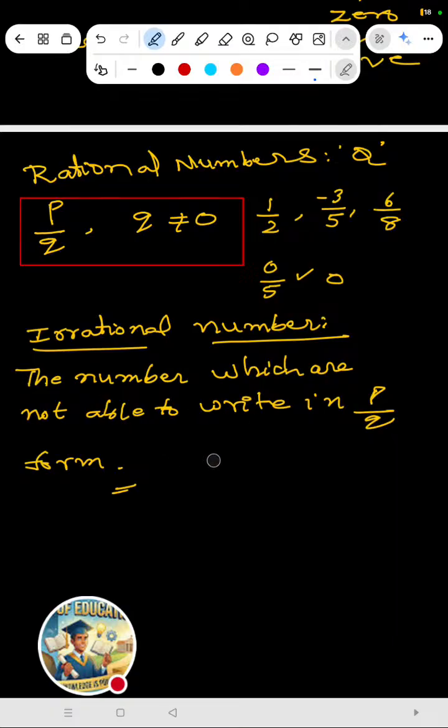For example, 0.1236843 and it continues, there is no repeating number.